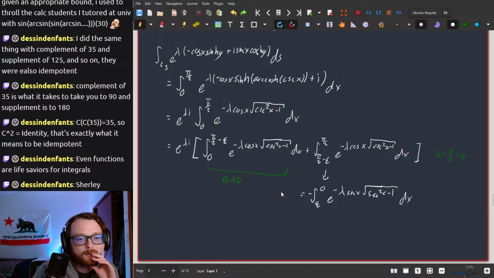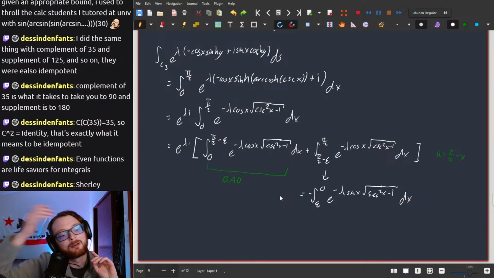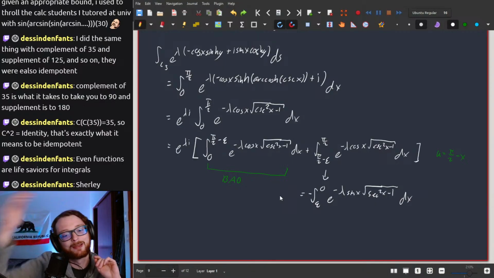Oh, wait. I might have been supposed to be doing Laplace's method. I think I might need to get the power series for this thing first.